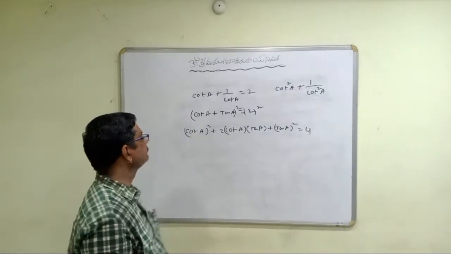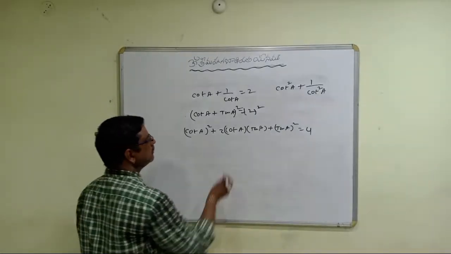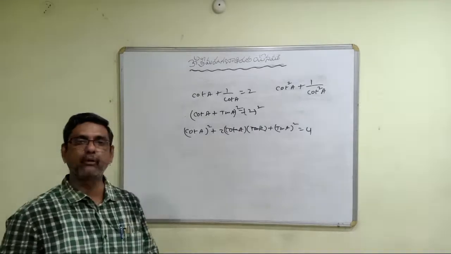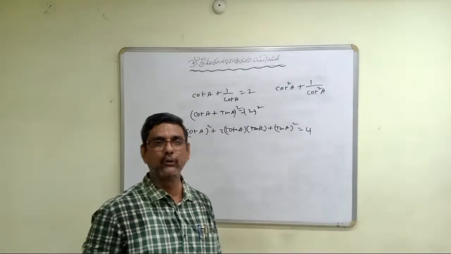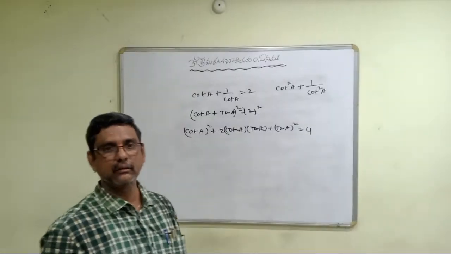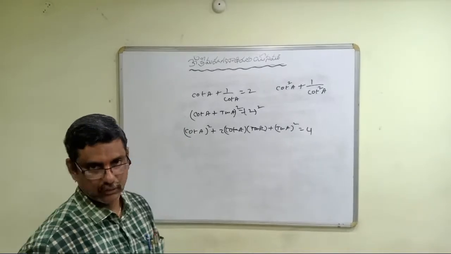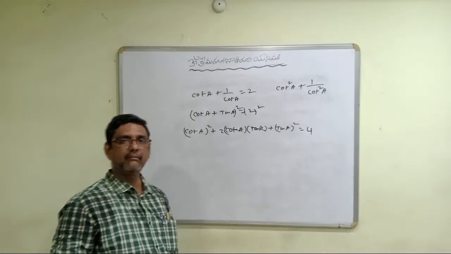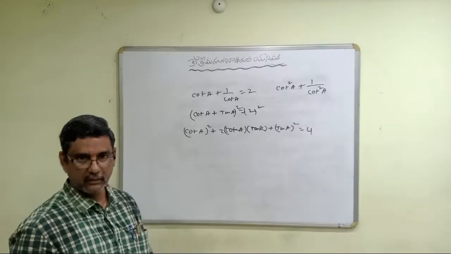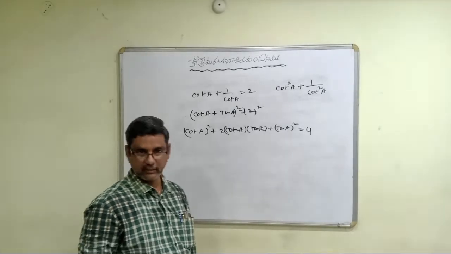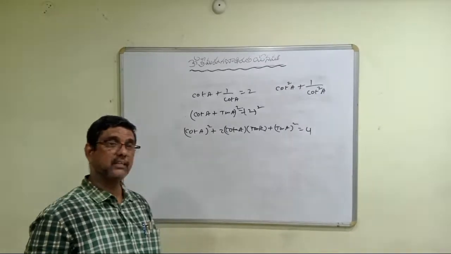Now, we know that cot A and tan A both are reciprocal to each other. I told you this when I was dealing with the trigonometric ratios concept. What else are reciprocal to each other?